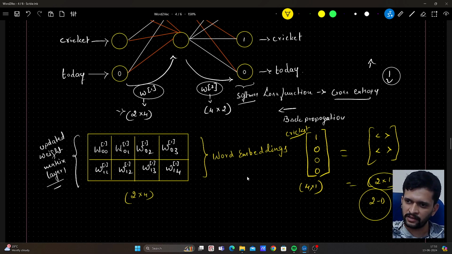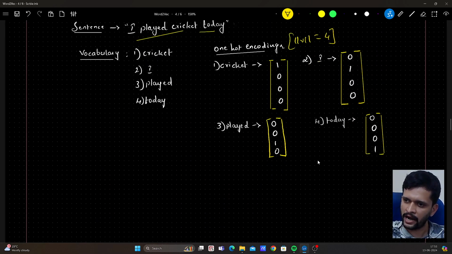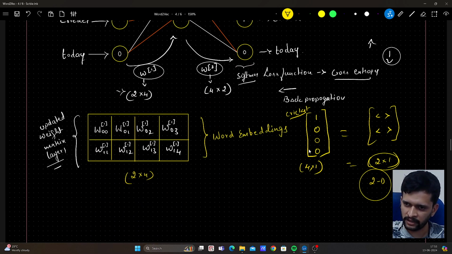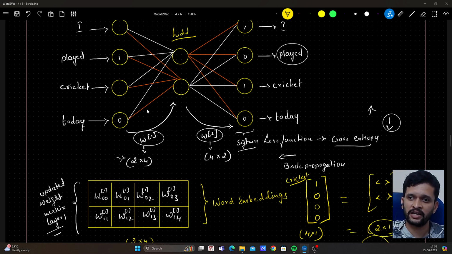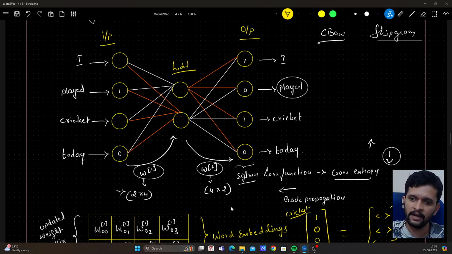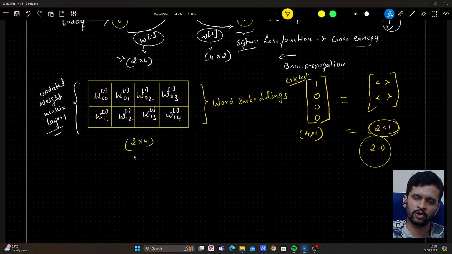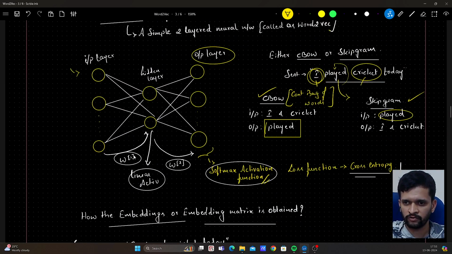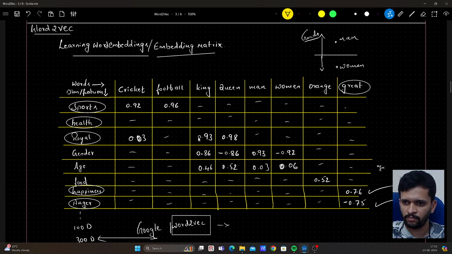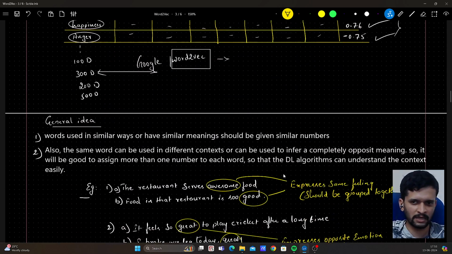Like this, to get the word embedding for I, I will multiply the one hot encoded vector for I with this weight matrix. Which weight matrix? The weight matrix of the first layer, not the second layer. We will use the weight matrix of the first layer as our embedding matrix, and whatever values we have for each of these spots will be similar to what we see here: 0.93, minus 0.86, 0.52, 0.03, 0.06, something like that.